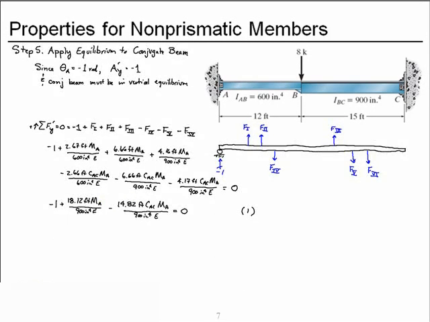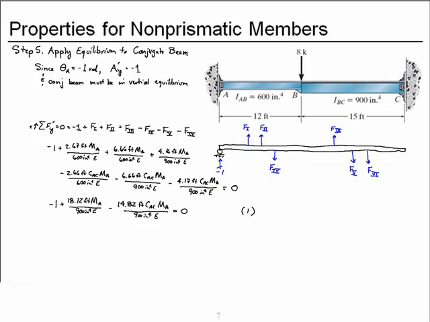We noted that since the slope at A is -1 radians, for the conjugate beam, the shear at A has to be -1. And the way our conjugate beam is supported, that means that the vertical reaction at A is -1.